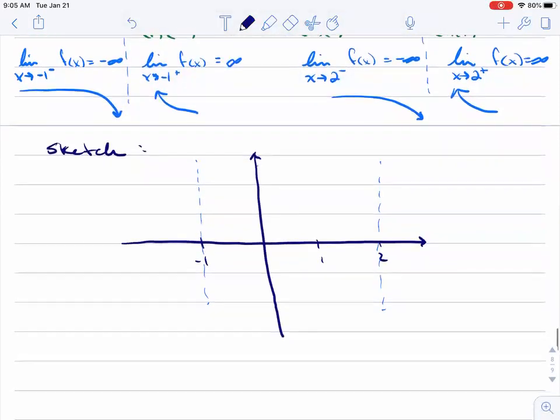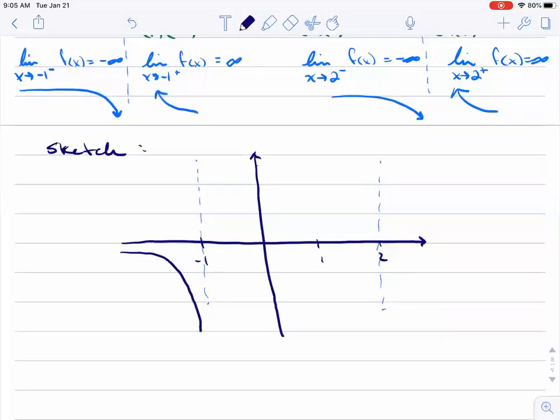Coming up to -1, it's looking like -infinity. Remembering that it crosses the x-axis at x equals 0, from there it's going to be positive, something like this.